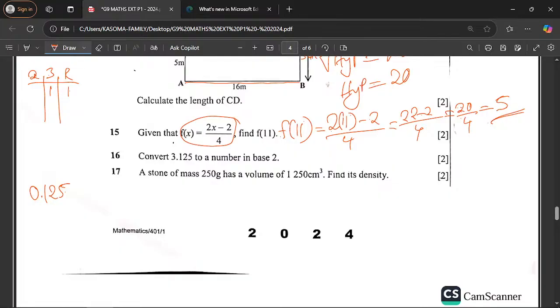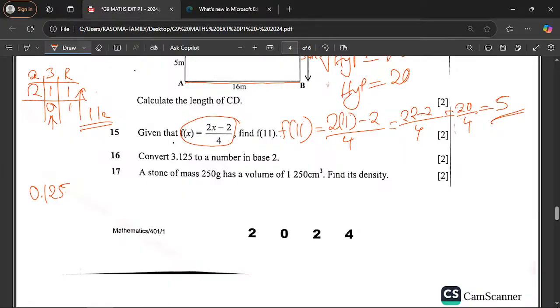Then 2 into 1 will go 0 times, remainder 1. Since in the middle we have found the answer to be 0, our calculation has ended. So we just copy the remainders from down going upwards. We have got 1, 1. This is 3 in base 2. Now for the whole numbers we are done.